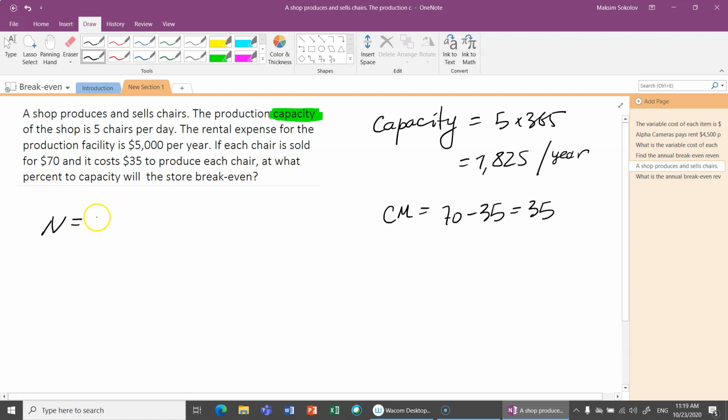The break-even number is going to be the fixed cost, which is in this case the rental expense, $5,000, divided by the contribution margin, which is $35. We have 142.86 chairs. As always, we'll round this number up to 143 chairs per year.